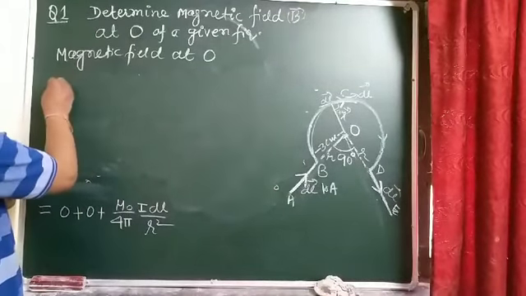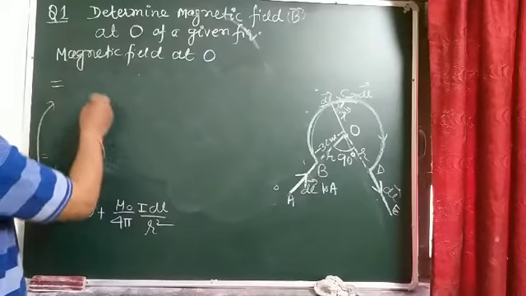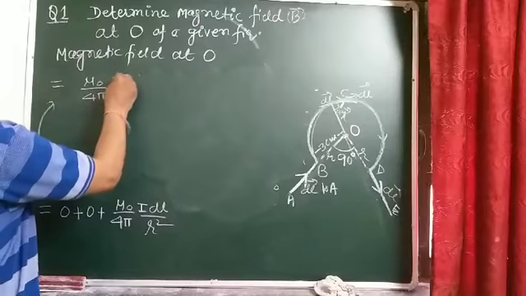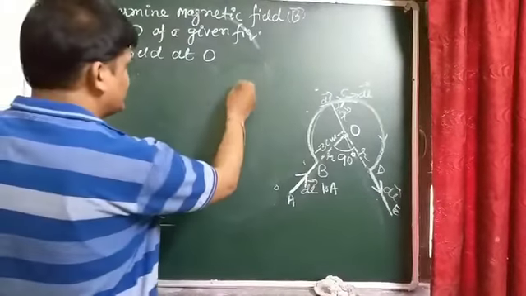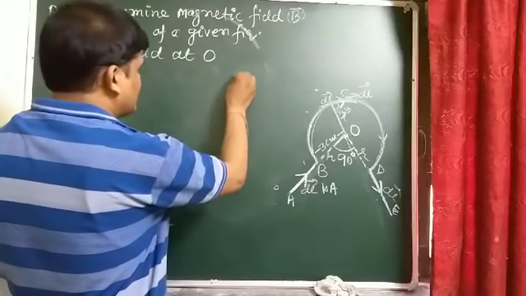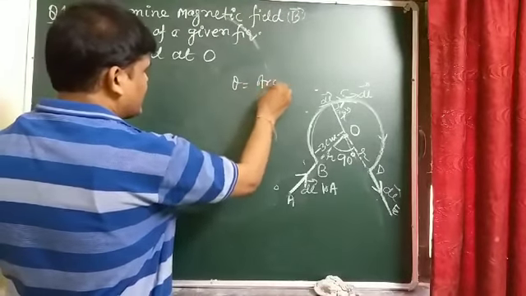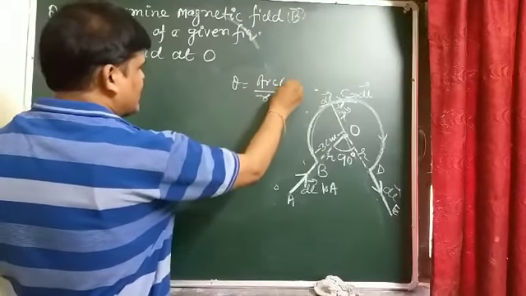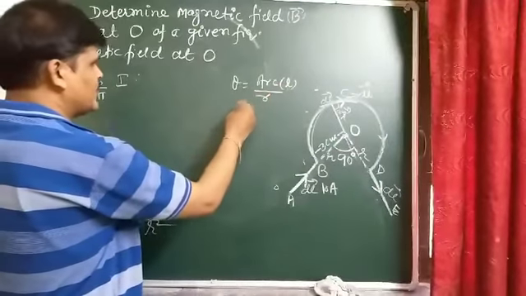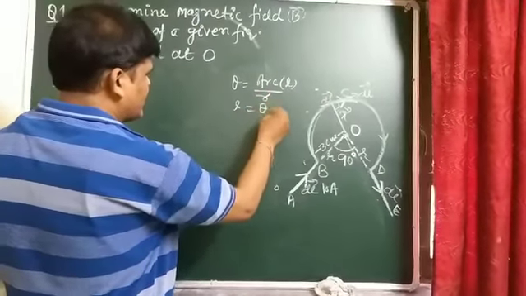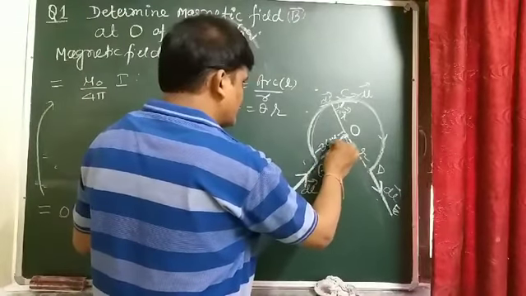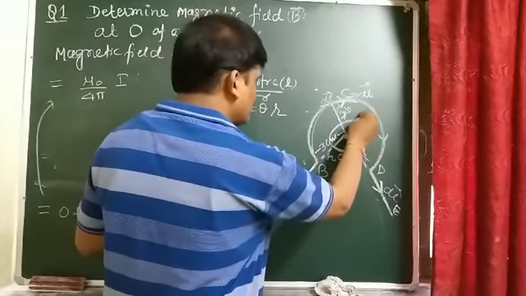So the magnetic field at O, now come to here, mu naught by 4 pi I dl. We know that angle equals arc by radius, and here this arc is L, which we have taken here. So L equals theta into r. And student, this angle is 90 degree, so the total angle is 270 degree.